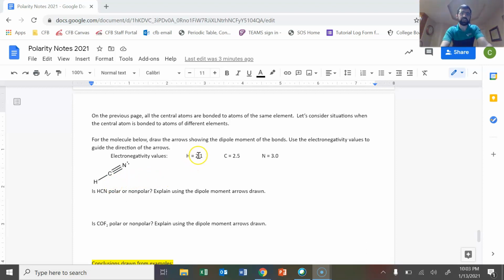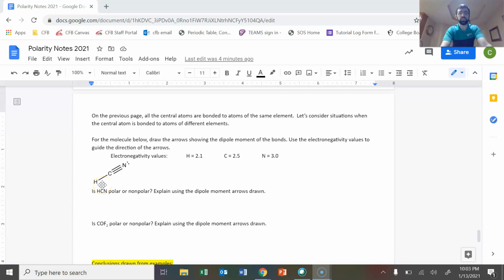So H has the lowest electronegativity. C has a higher electronegativity. So the crossed end of the arrow would be on H, and the pointed end of the arrow would be on C. We'd have another dipole where the crossed end would be on carbon because it's the lower of these two, and the arrow would point toward the N. That means those 2 dipoles are going to combine together, pointing in the same direction.